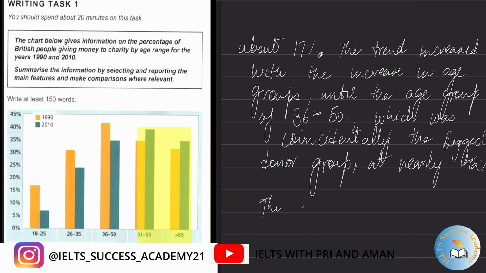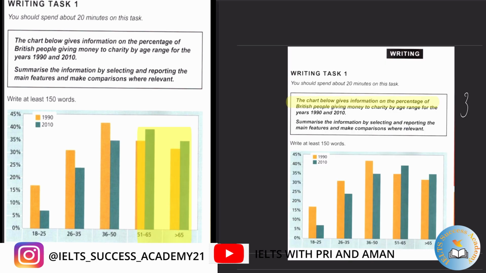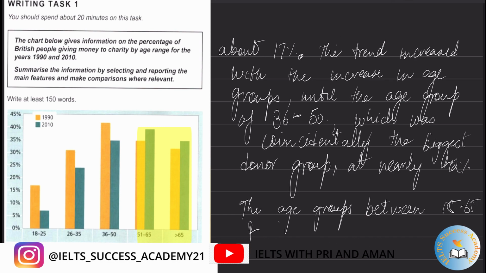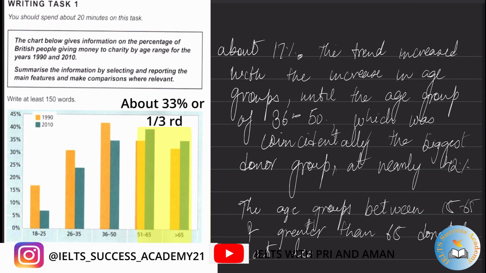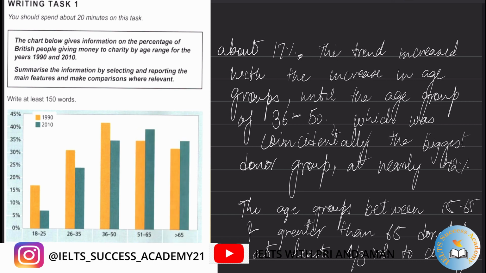Now the age groups between 51 to 65 and greater than 65 donated at least one third to charity. So this concludes your body paragraph 1.